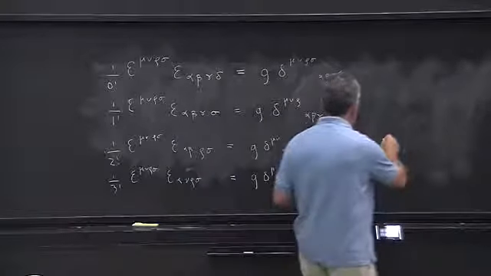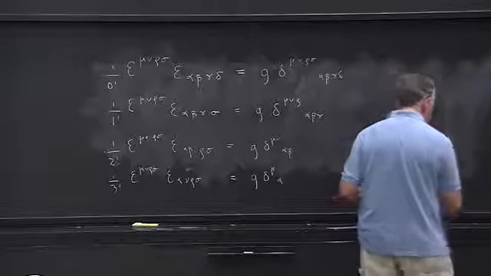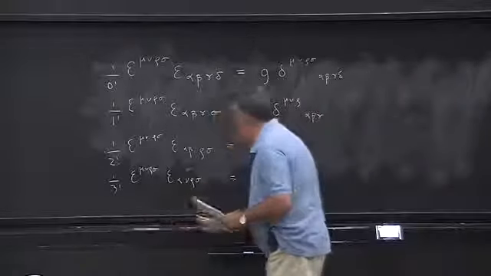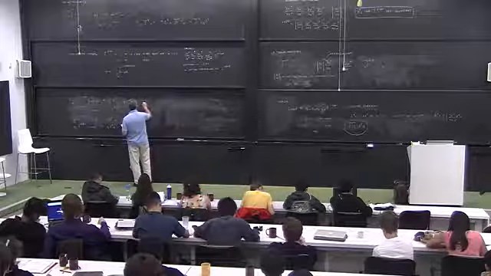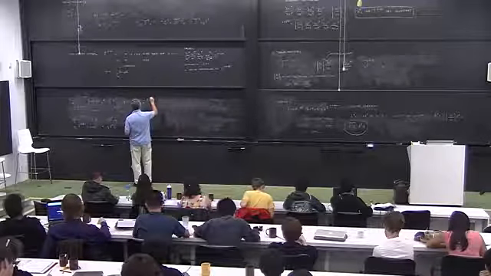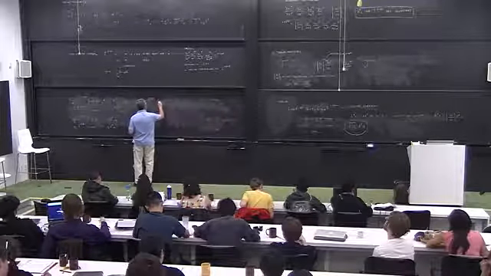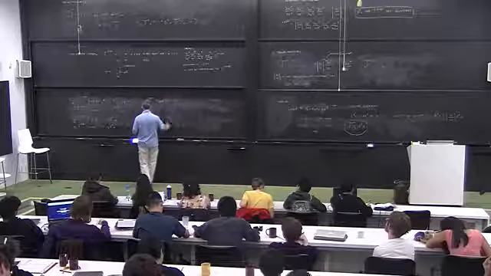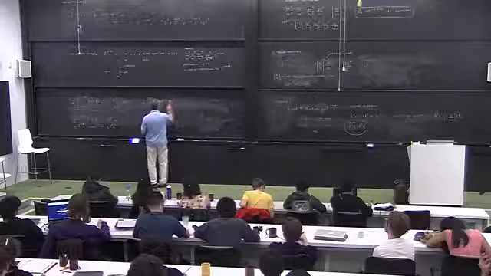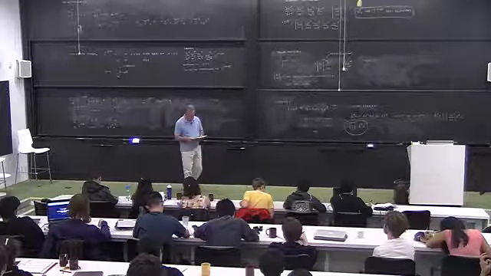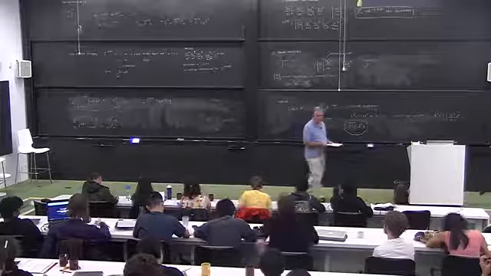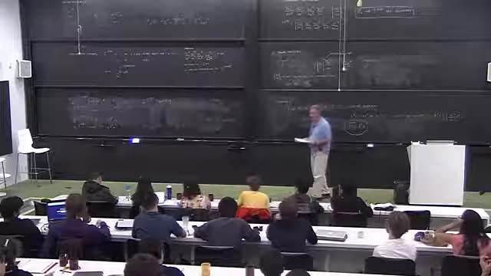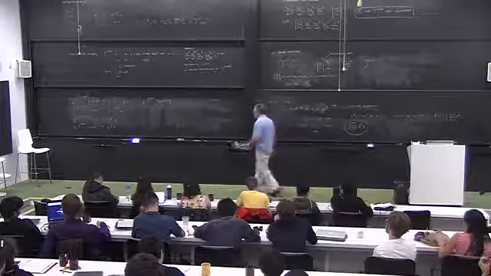And 1 over 4 factorial was G. They may not seem useful at the moment, but they will be useful later on.